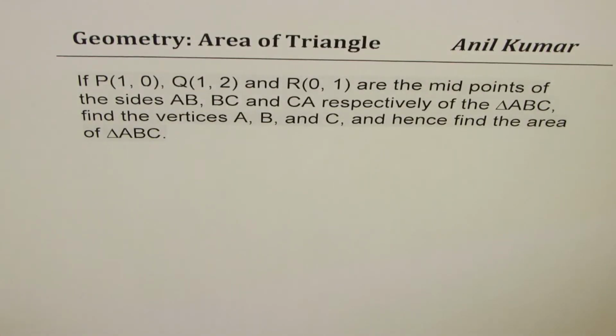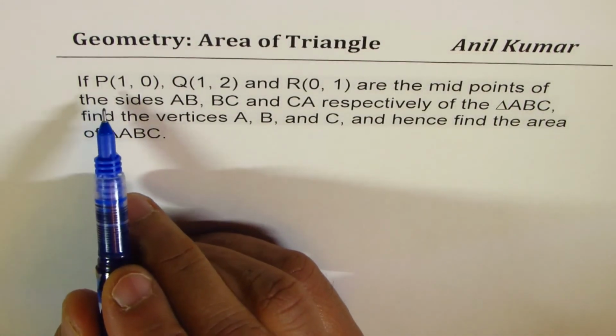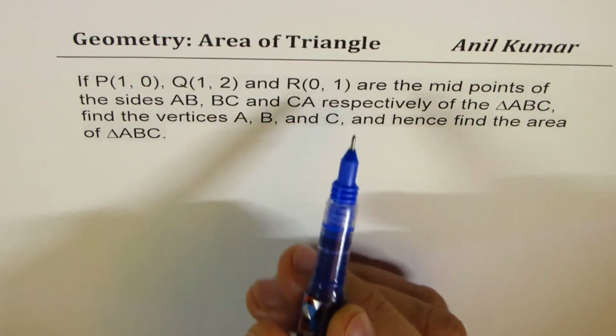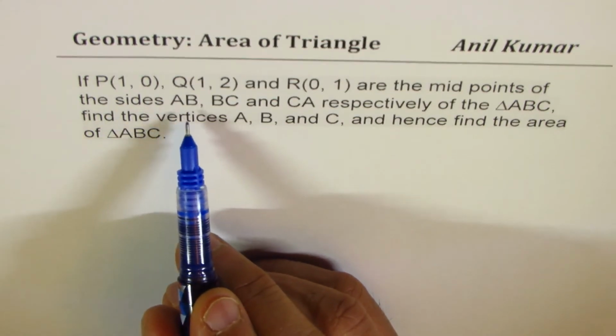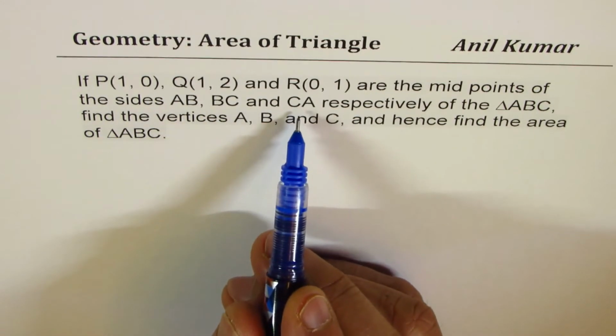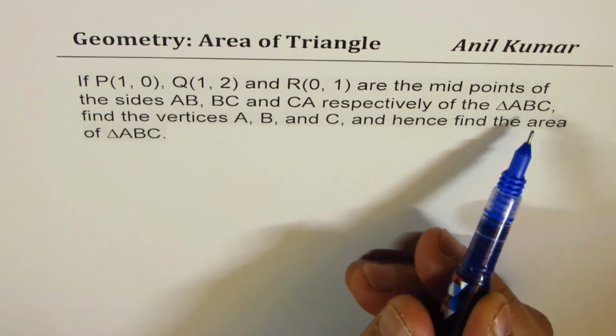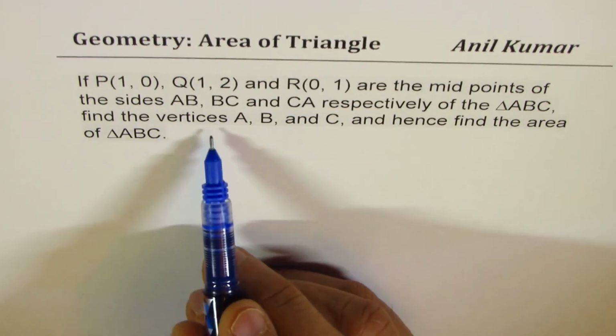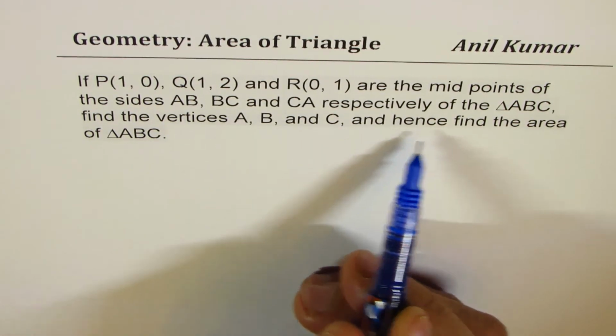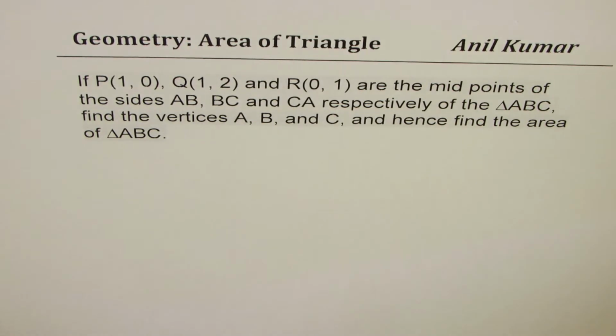So here we are given points P, Q, and R, and they are the midpoints of the sides AB, BC, and CA, respectively, of the triangle ABC. Find vertices ABC, and hence find the area of triangle ABC.